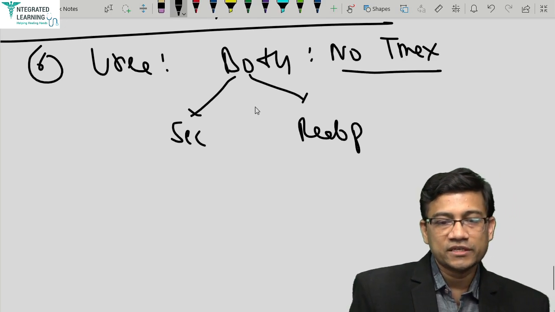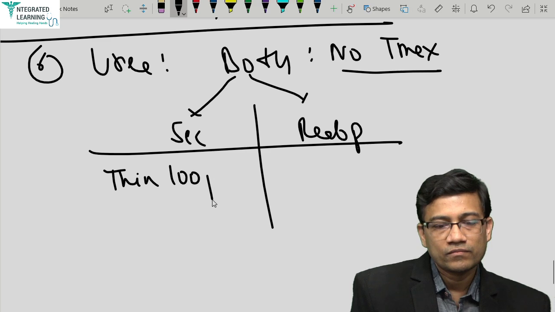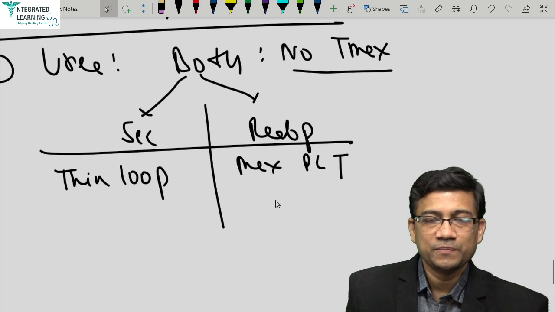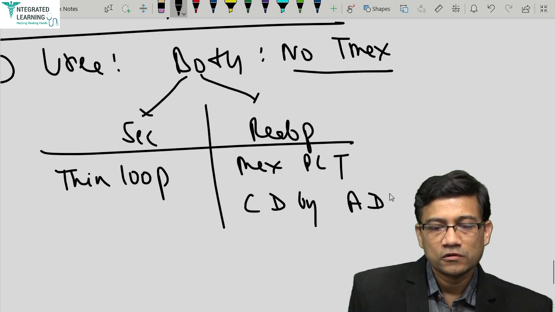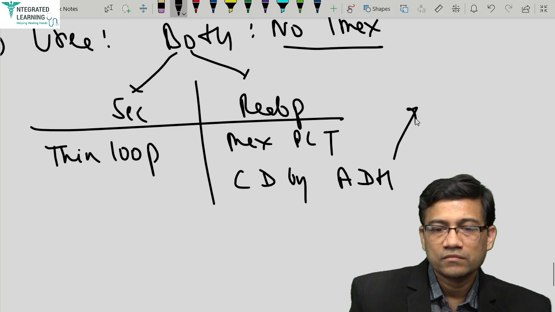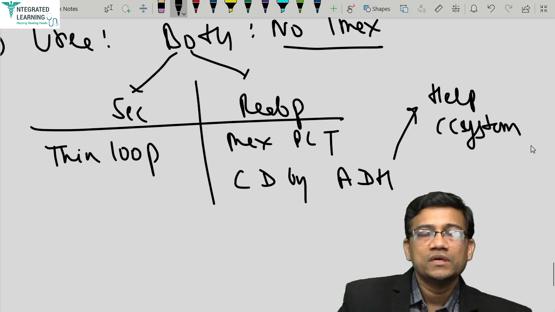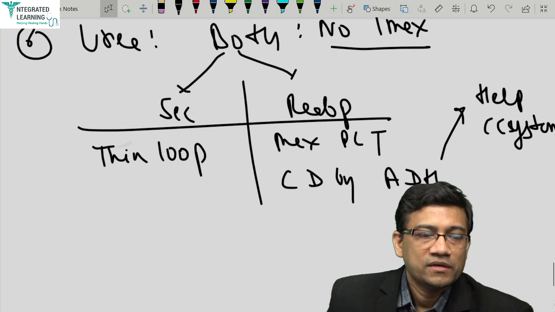Now where is it secreted? The thin loop of Henle. And reabsorbed where? Maximum in PCT, and also in CD by ADH. And it helps the counter current system. Now write number 7.